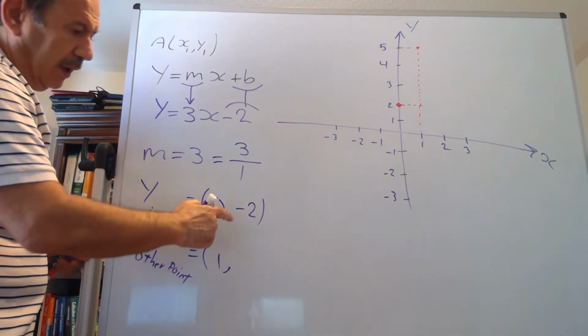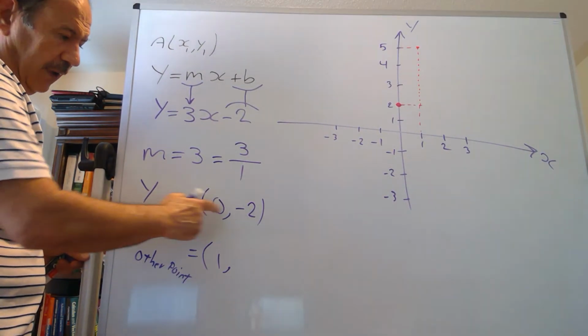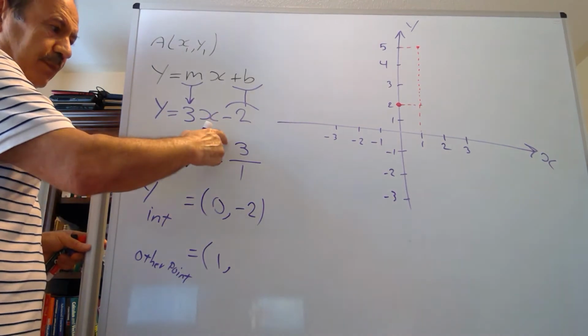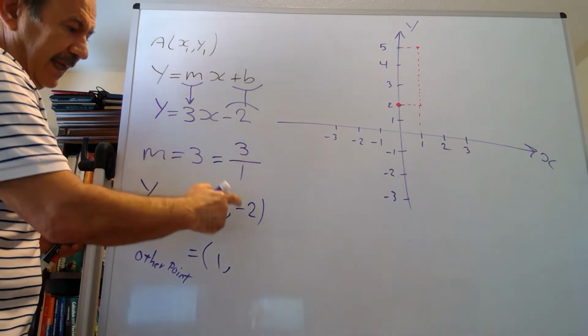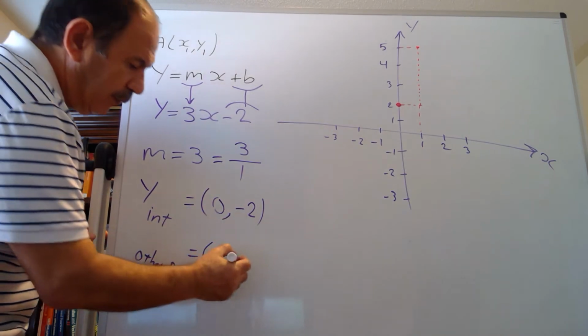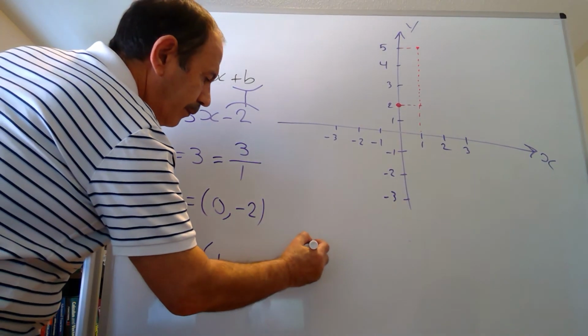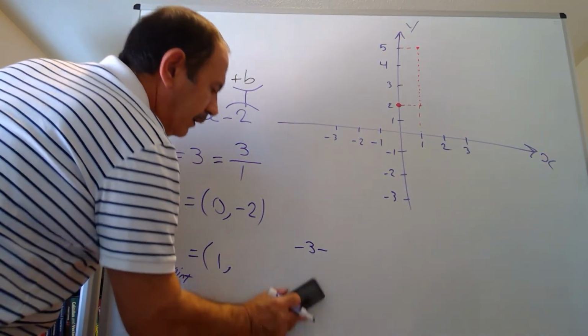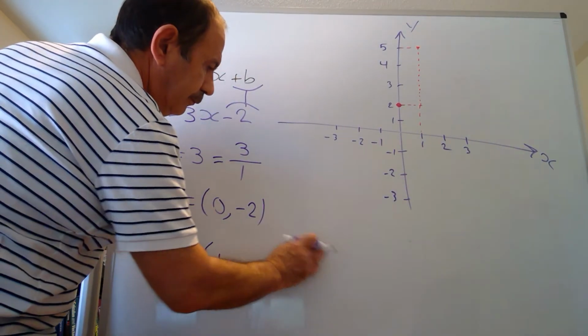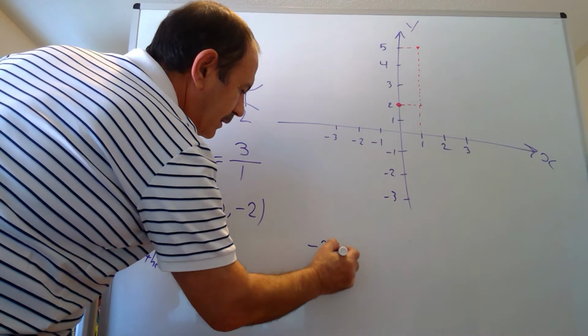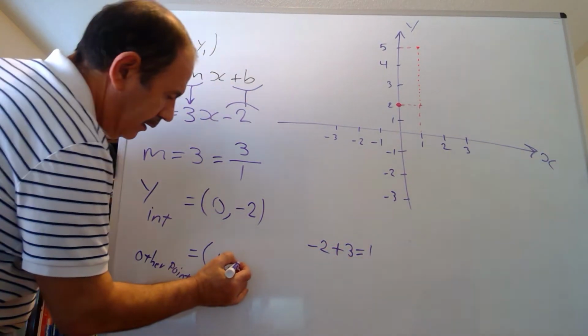And what is the y? This is negative 2 of the starting one, negative 2 plus 3. Negative 2 plus 3 is going to be 1.